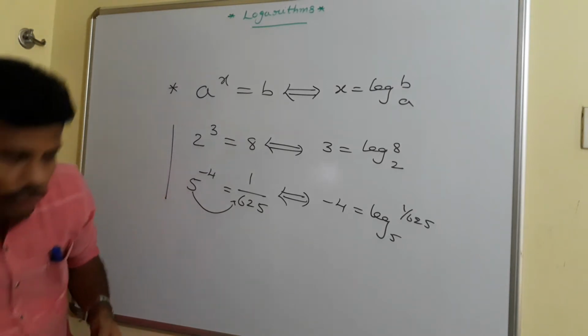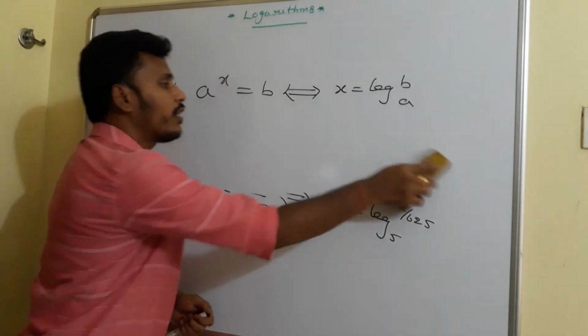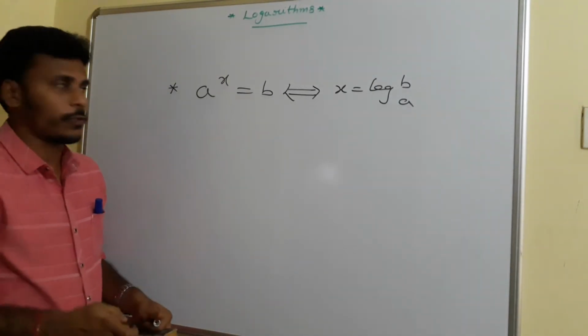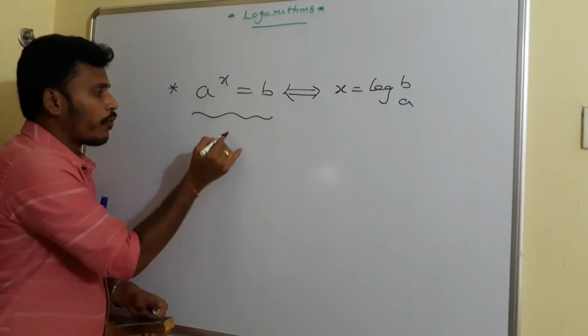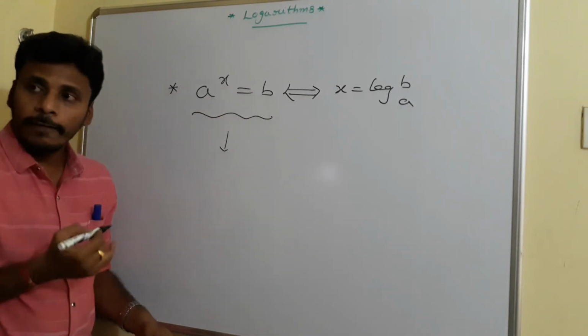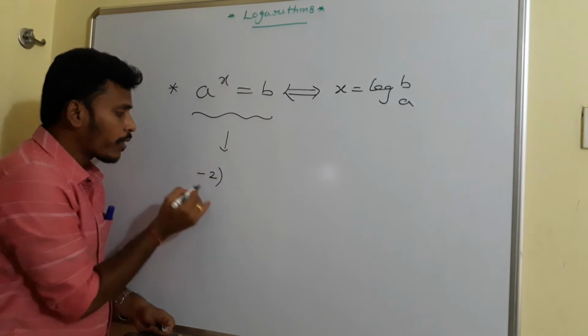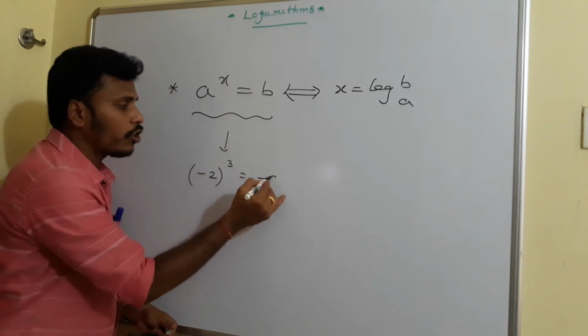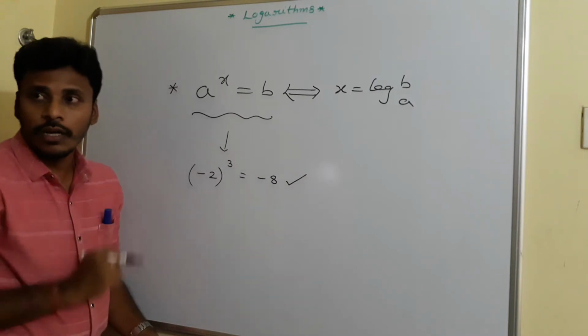To think about those restrictions, you need to concentrate on the exponent. What is an exponent? This a power x is equal to b is the exponent. Now, suppose you have minus 2 to the power 3 is equal to minus 8. No problem.